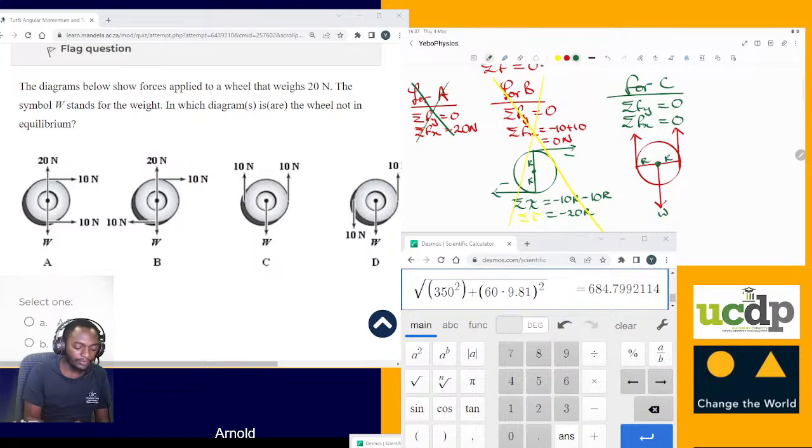Right, so this side, it's going to pull up in that direction, so it's going to give us a clockwise moment, so this is going to be negative. This one is pulling up this side, so this is going to be positive. So that becomes what? That becomes negative. Okay.